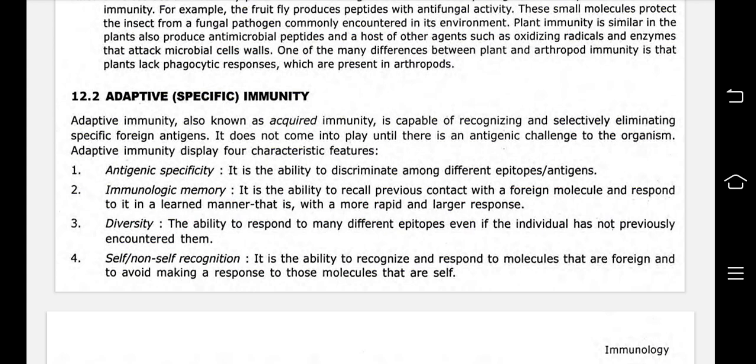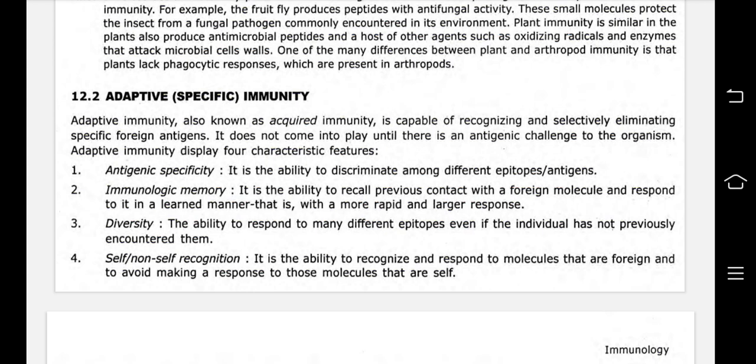First one, antigenic specificity: the ability to discriminate among different epitopes or antigens. Then immunologic memory: the ability to recall previous contact with a foreign molecule and respond to it in a learned manner, that is, with a more rapid and large response.